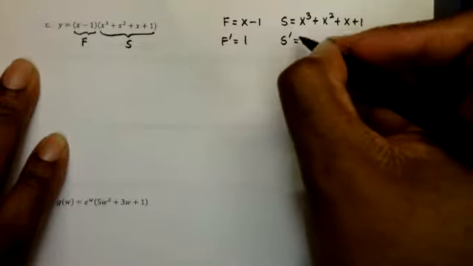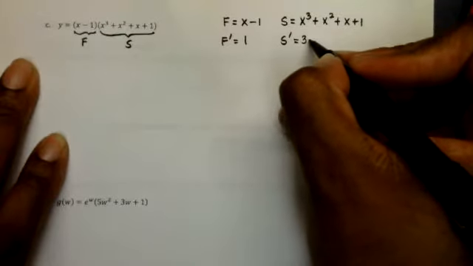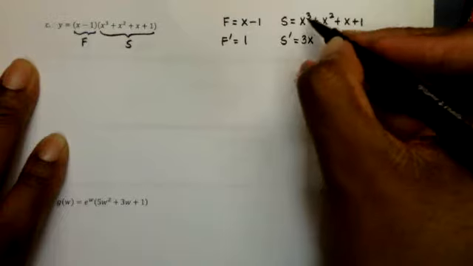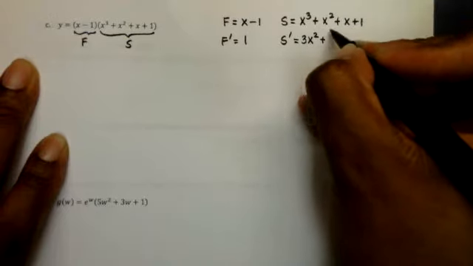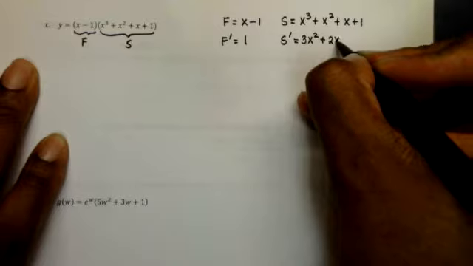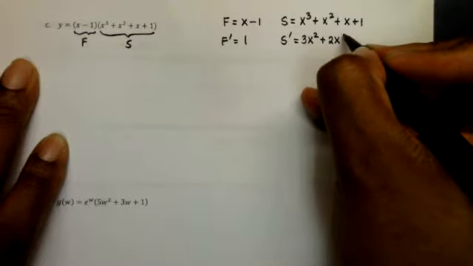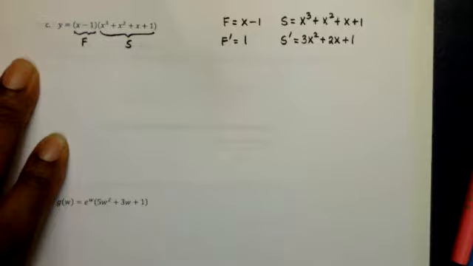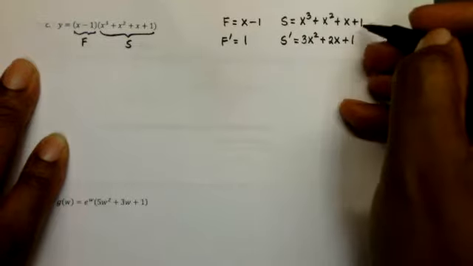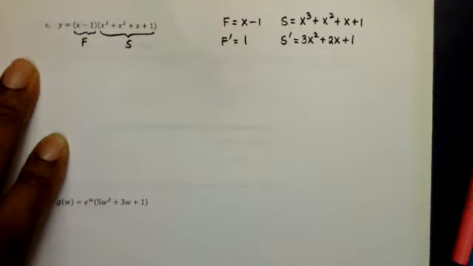Its derivative will be, bring down the 3, copy over the x, subtract 1 from 3, you'll get 2, plus for x squared, bring down the 2, copy over the x, so the 2 minus 1 will be 1. So it'll just be 2x, plus the derivative of x is just going to be 1. And the derivative of that plus 1 will be 0. So the derivative of the second term is 3x squared plus 2x plus 1.